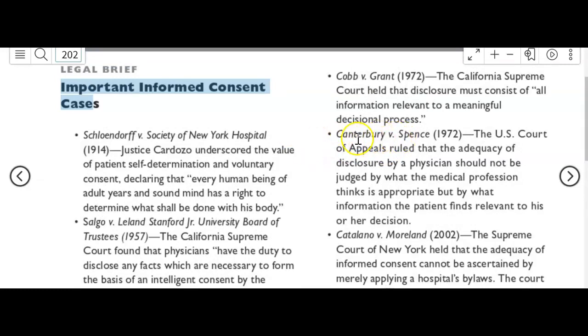And the famous one that they focus on in this textbook is Canterbury versus Spence. You're going to read about what happened with that. Basically, the doctor recommended a surgery and didn't bother mentioning that he could end up paralyzed if they went through the surgery. And then the guy ended up paralyzed.